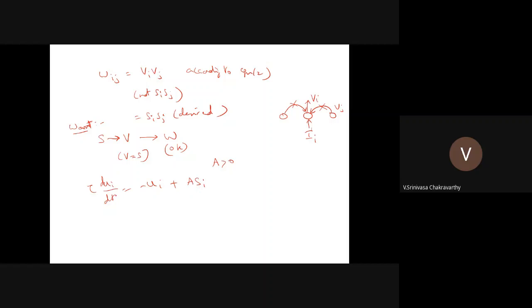So then at stability, what happens? Ui is equal to A Si, and Vi is equal to tanh of lambda ui, which is tanh of lambda A Si. So basically, since lambda is high and A is also high, Vi will be almost equal to Si.